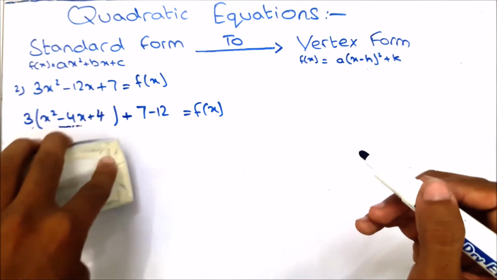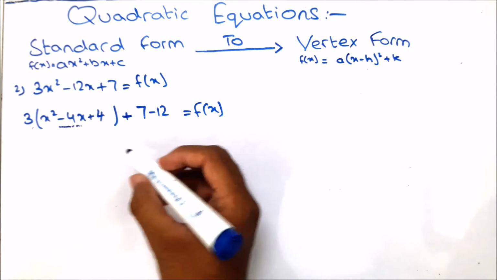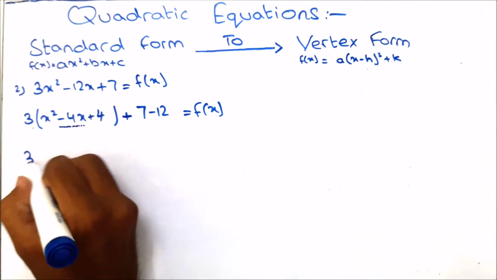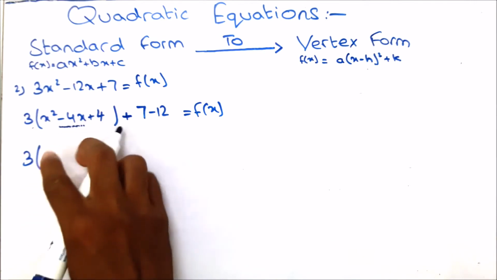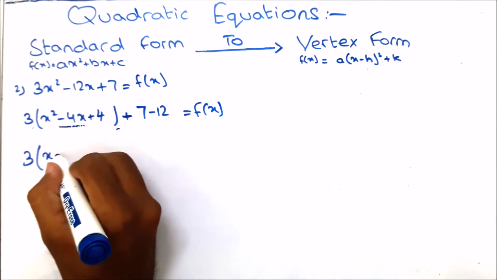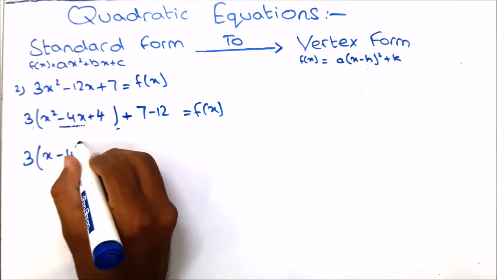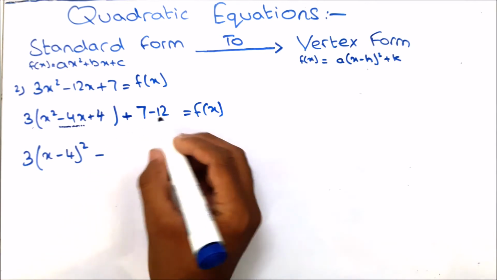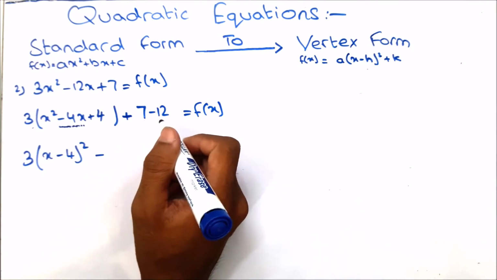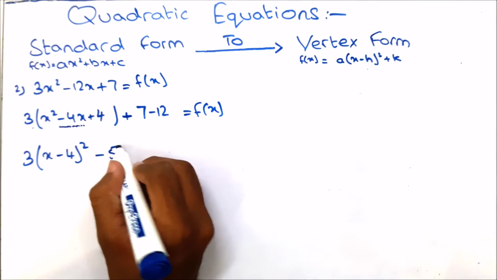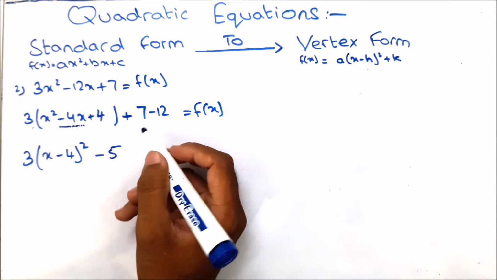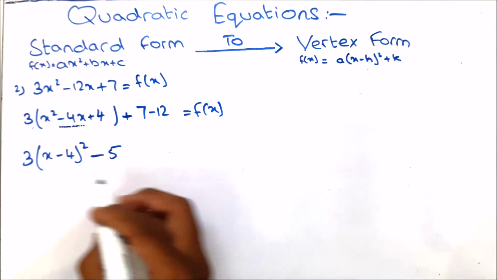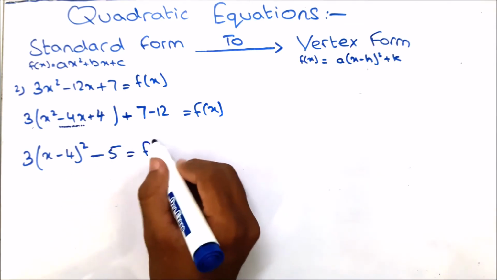Okay, so now it's the same as the previous example, just easier. We have a 3 over here, and this is a perfect square, so we will write it as x minus 4 whole squared. And here we have 7 minus 12. We get a minus 5 over here. Okay, here we have our vertex form.